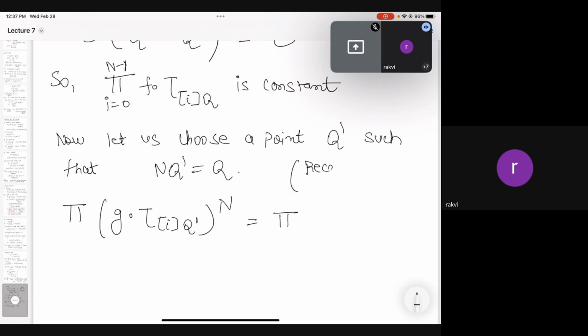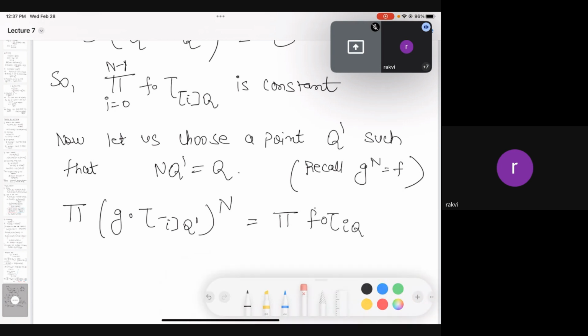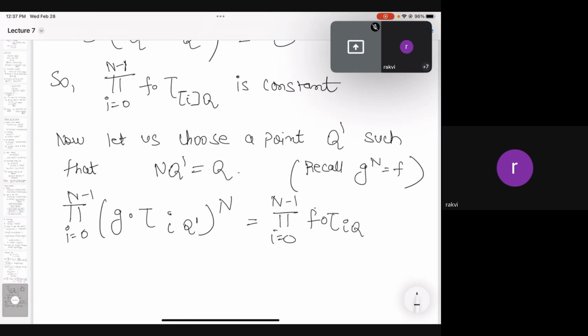Again, this is a bit of recall here that G to the power n was F. So when we raise it to the power of n, we will get the product of F composed with tau i q. This is simply what I've been saying, and this product is simply over i from 0 to n minus 1, same as what we were doing. Okay. And we just showed that this is constant.